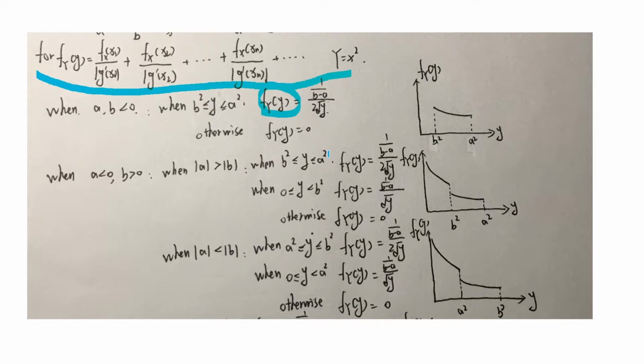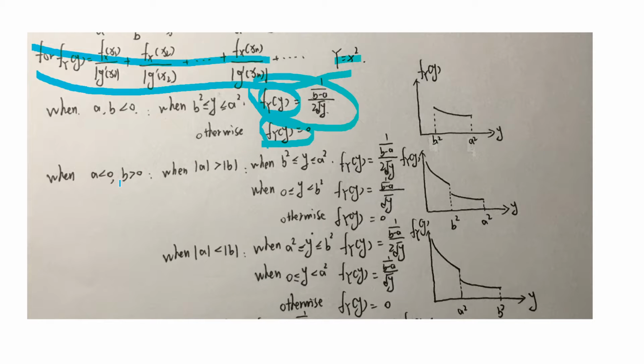Then the negative square root of y is the only root here, so we can apply this formula, with g(x) being the relationship between y and x, and get f_Y(y) like this. Otherwise, there's no root in the range between a to b, so f_Y(y) equals 0.